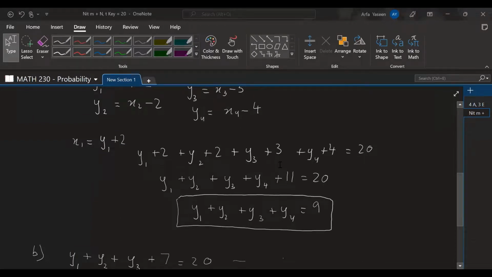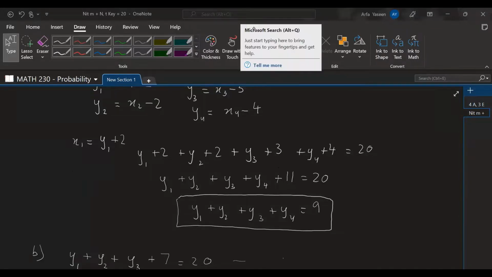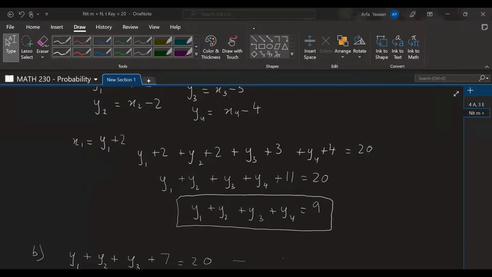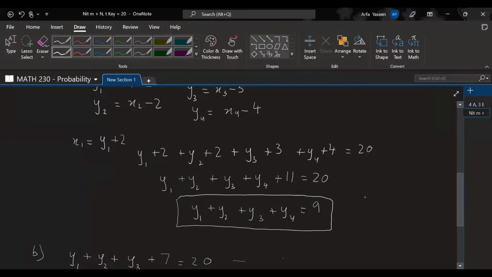I did not tell you exactly how to find the non-negative solutions to these equations, because I assume that you watch the lectures, but let me just mention it for part A. The number of non-negative solutions for this equation would be given by n plus r minus 1 choose n, which is basically n plus 4 minus 1 choose 9.